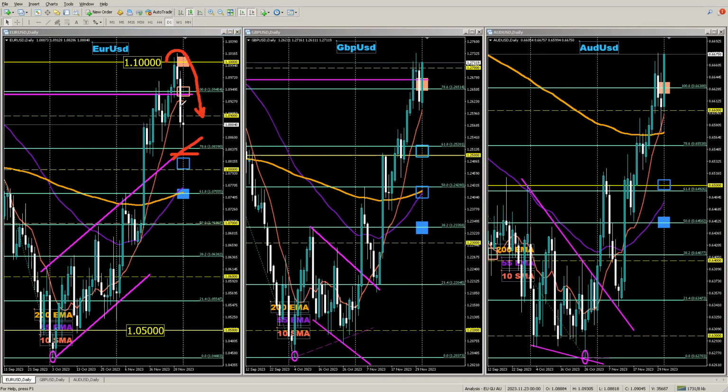And that was due to the Eurozone CPI data, which came in lower than expected.